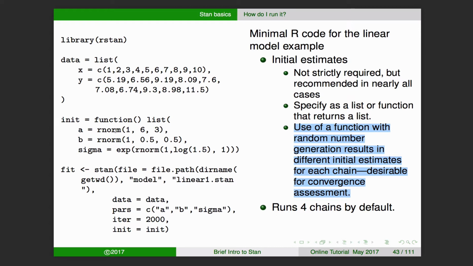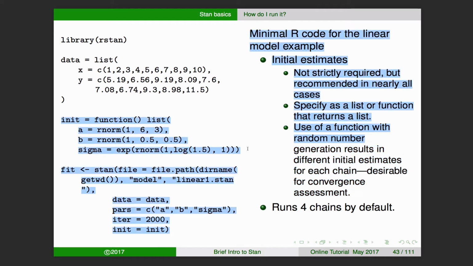So the way I typically write it is I've got written here. You can see the init here is being assigned a function that's returning a list, and notice how each of the elements here, A, B, and sigma, which are the three model parameters, are being generated in this case from either a normal or, in the sigma case, a log normal distribution, where I pick what I think are reasonable initial values.